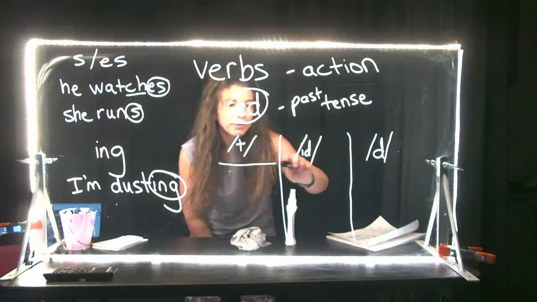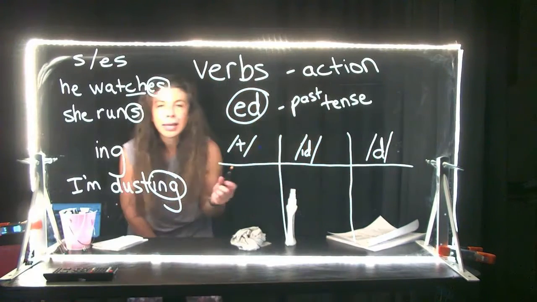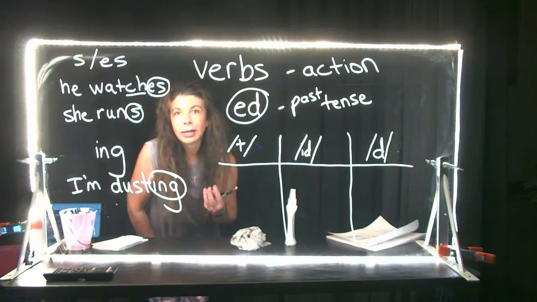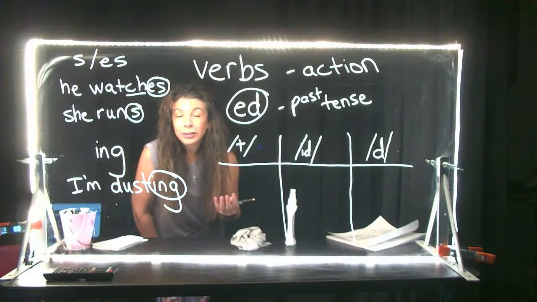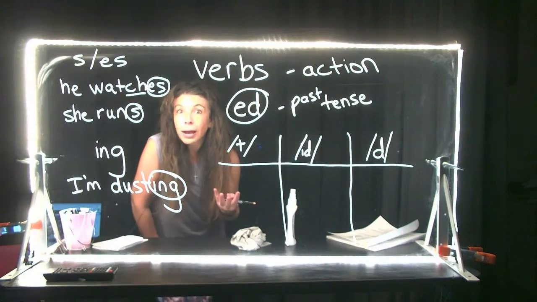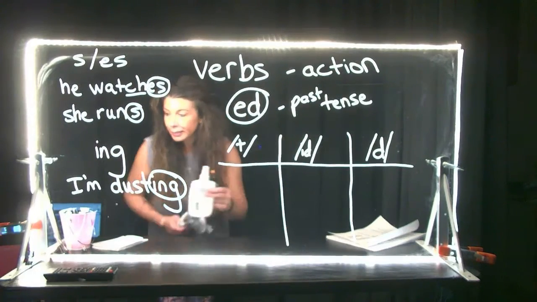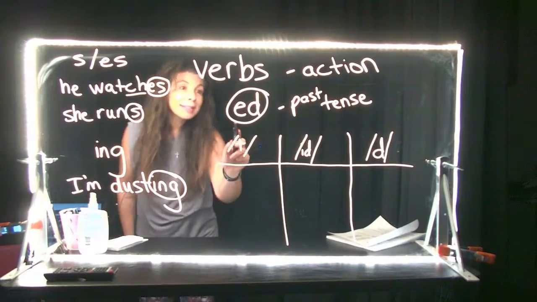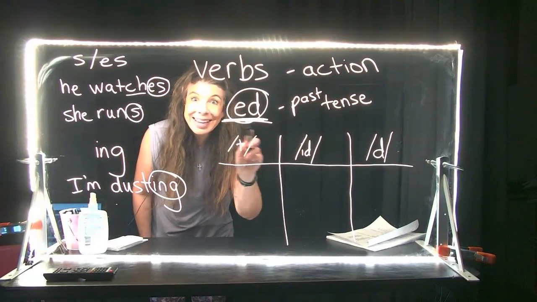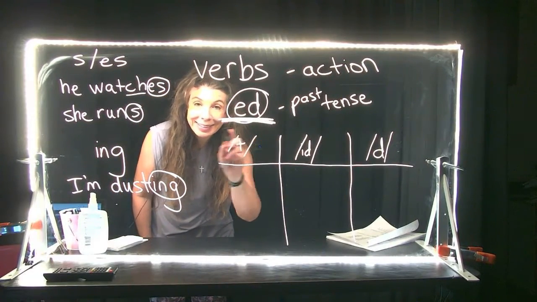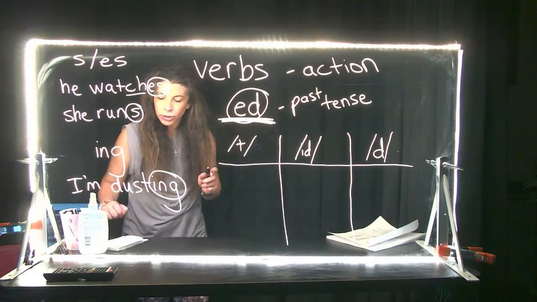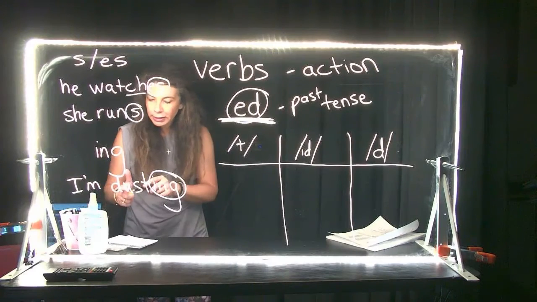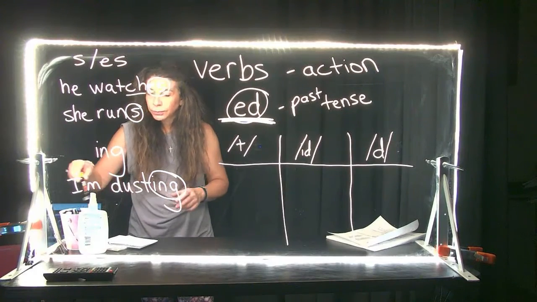So it's kind of tricky for kids because when they hear these different sounds at the end of the word, they want to phonetically spell those out. They forget that it is just ed. So let me give you some examples.